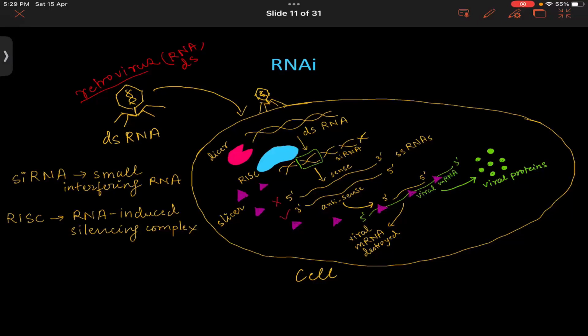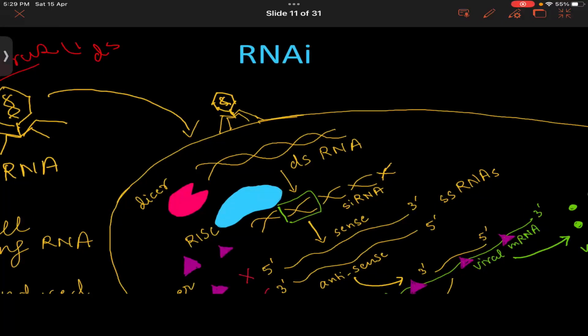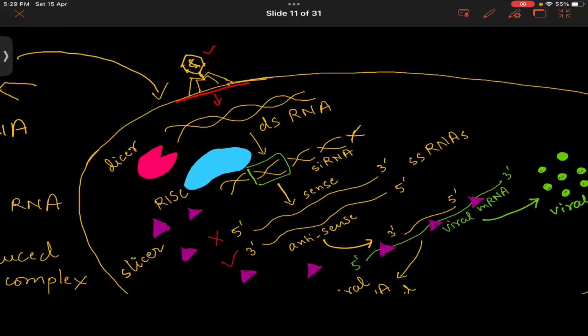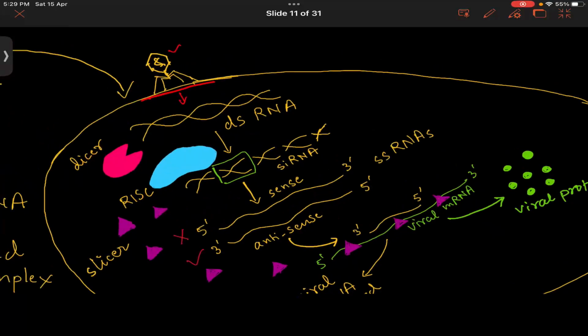Now, when this retrovirus comes and infects an animal cell, like say a human cell, then what happens? Let us see. So this is the virus. It has very nicely gripped itself to the surface of the human cell and released its double-stranded RNA. Now this double-stranded RNA is in the cytoplasm, okay?